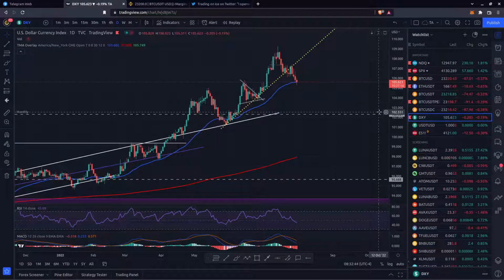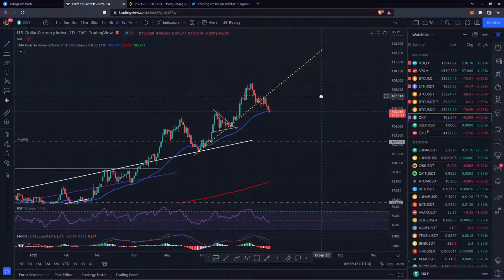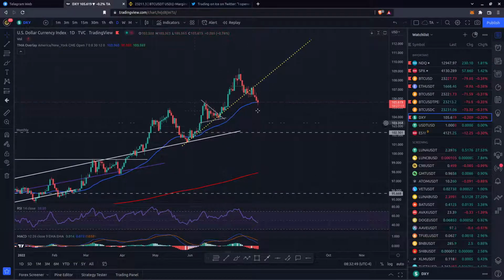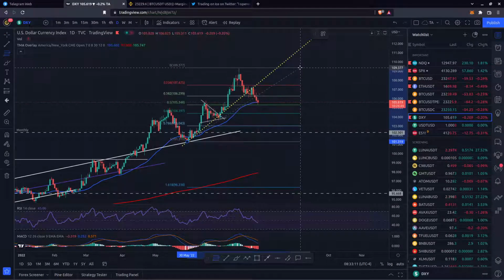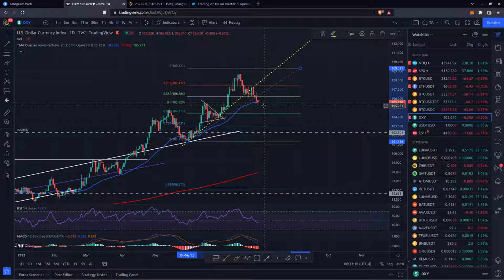This is my biggest problem on my bearish bias, because the dollar clearly broke this diagonal yellow trend line to the downside. It resisted a little bit on it, supported a little bit on this blue line, the 100 smooth moving average. So actually, if we trace a Fibonacci from here to that, we can see that it supported on the 0.5 Fibonacci level.